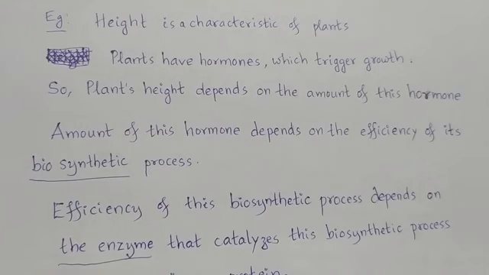So here, the hormone which is responsible for the growth of the plant is synthesized by some biosynthetic process. This biosynthetic process is catalyzed by some enzyme. All enzymes are proteins only. So the efficiency of this biosynthetic process depends on the enzyme that catalyzes it.